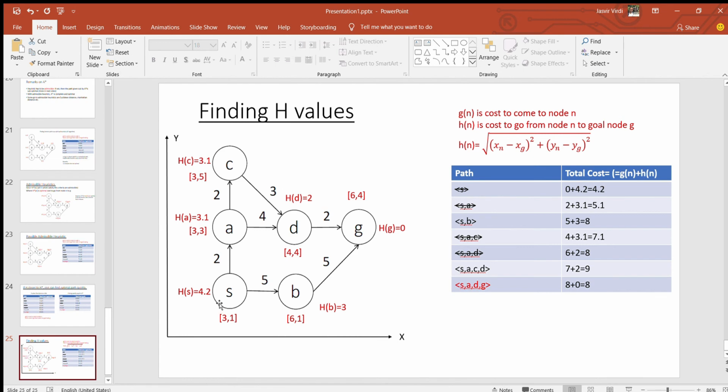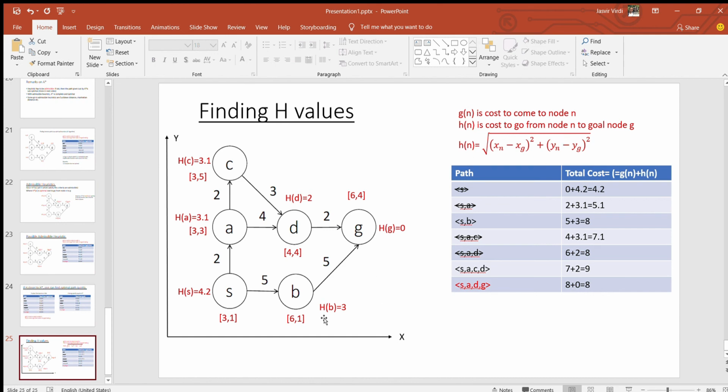For these particular node locations, you can use this Euclidean distance formula. And this Euclidean distance formula just tells you the distance between the node N and node G. So the H values that you see on this slide are computed using this formula.